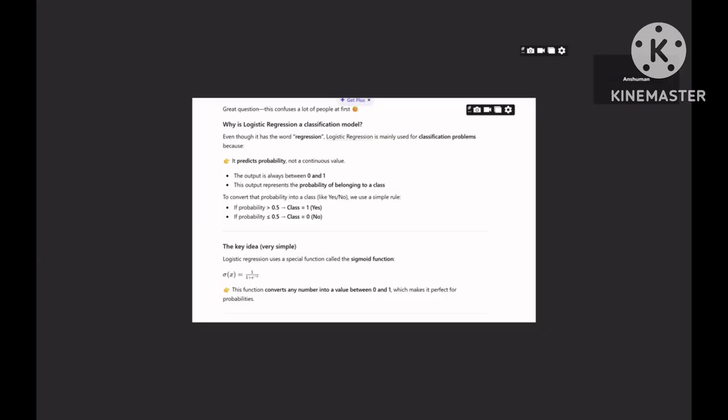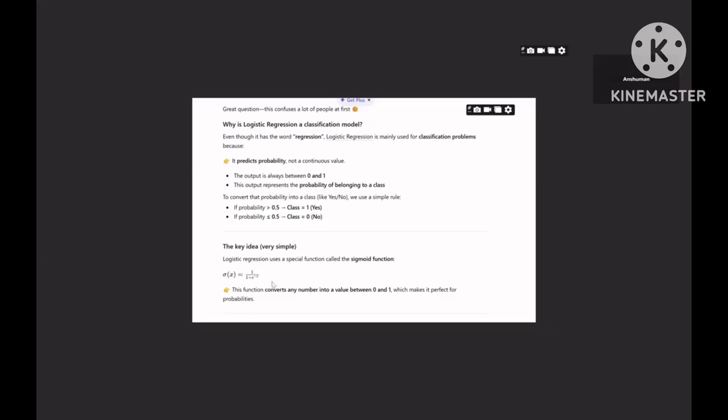If I am a diabetic person and the model is asked to calculate whether I am diabetic or not, based on the training data, if it calculates that the probability is 0.6, then the model will say yes, I am diabetic. If it is less than 0.5, then the model will predict no, I am not diabetic. As simple as this.